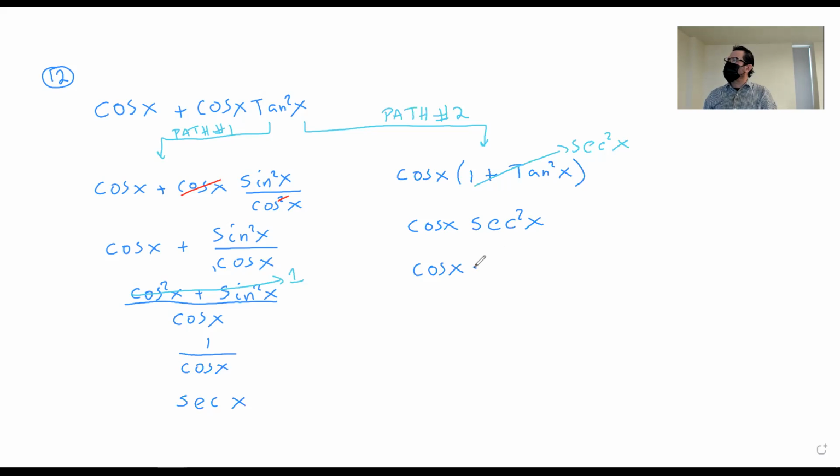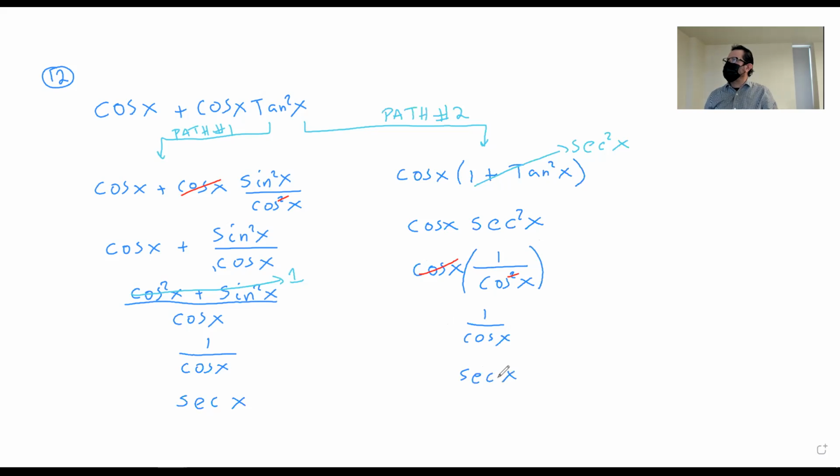Exactly. So here, I know that the secant is 1 divided by cosine, so secant squared is 1 divided by cosine squared. What's going to happen there is that the square is going to cancel this one out, and we're going to get 1 divided by cosine, which is secant.